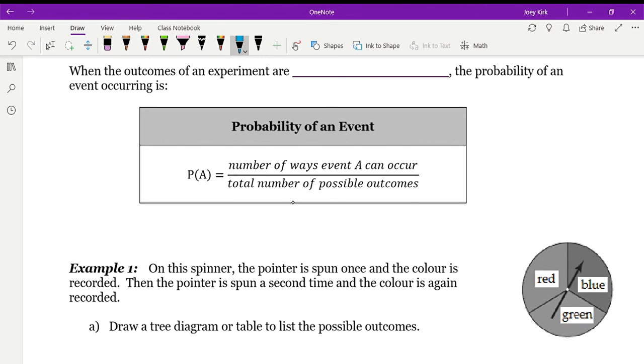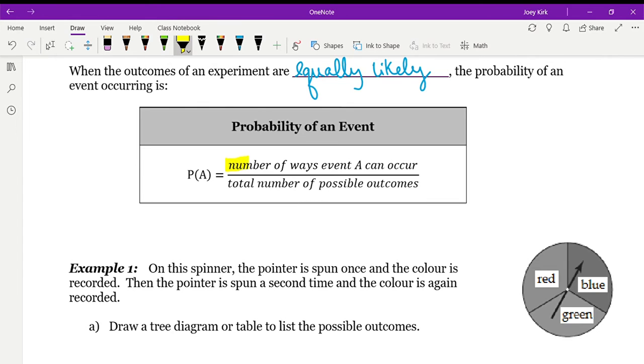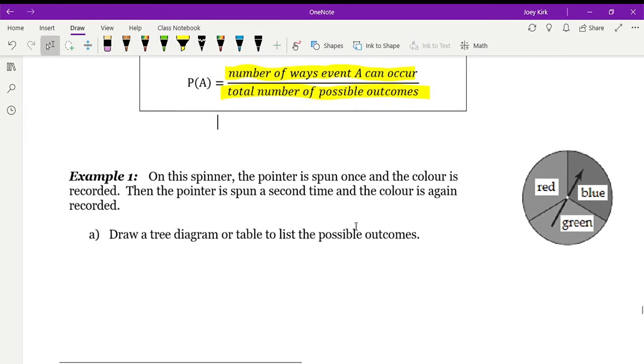When the outcomes of an experiment are equally likely, the probability of an event occurring is going to be, again, the number of ways that that event can happen over the total number of possible outcomes, okay? So this time you have to do a little bit of extra work to find the total number of possible outcomes and the number of different ways A can occur.